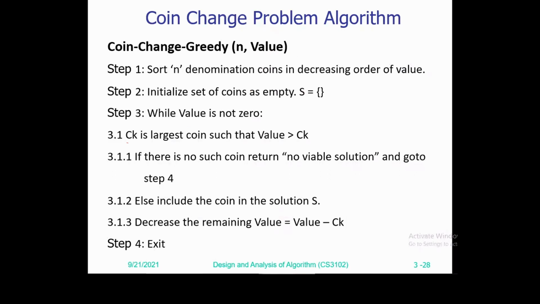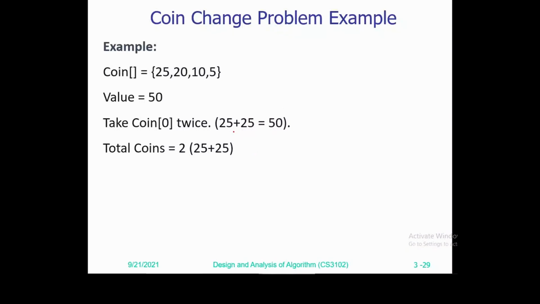Let's take this example. For the value 50, we have these coins: 25, 20, 10, 5, and an infinite number of coins is possible.